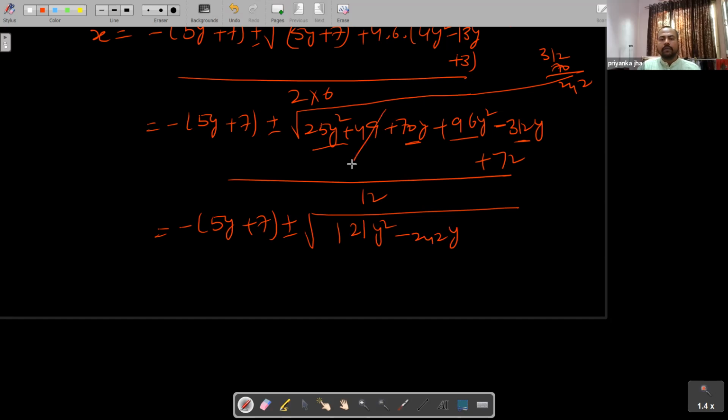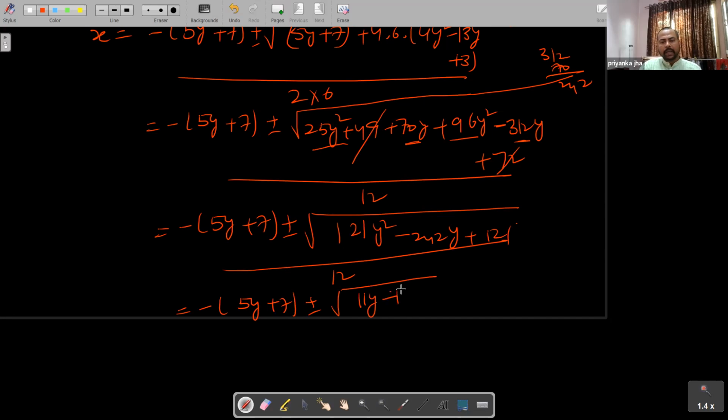And here it is 49 and 72. How much? Again 121 upon 12. We can see that it is (11y minus 11) whole square. 2ab: 121 into 2, you will get 242 upon 12.